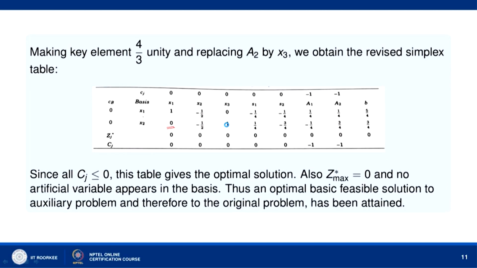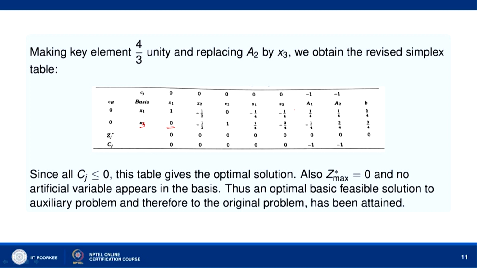So, making key element 4 by 3 unity and replacing a2 by x3, this is our x3 here. So, we have 0 in the CB column, 0 for x1, 0 for x3, and we have here a1.